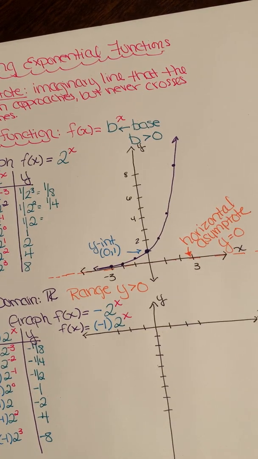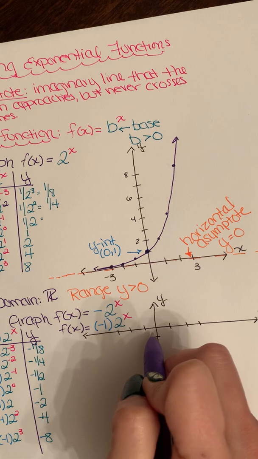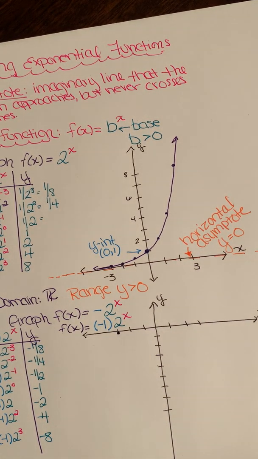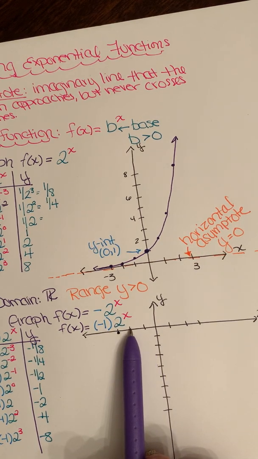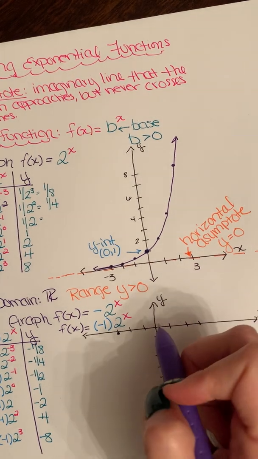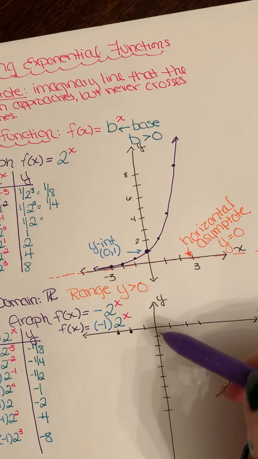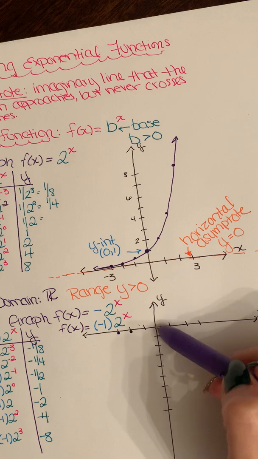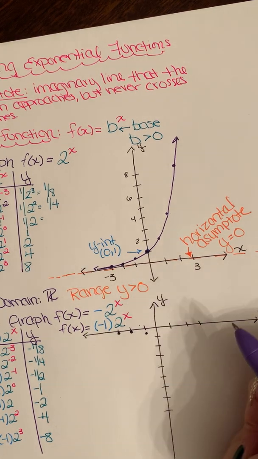So let's graph it. So at -3, we're at -1/8, and that's -0.125. So -3, -0.125 is very close to 0. -2, -1/4 is -0.25, so it's still close to 0. And then -1, -1/2. -1/2 is between 0 and -1, so -1/2 would be like here.